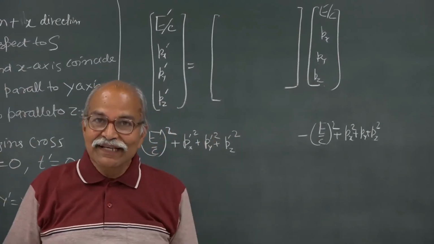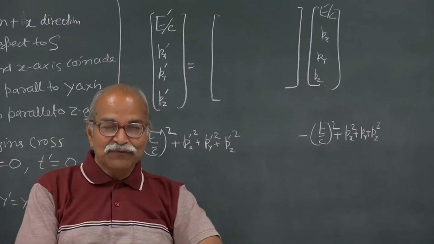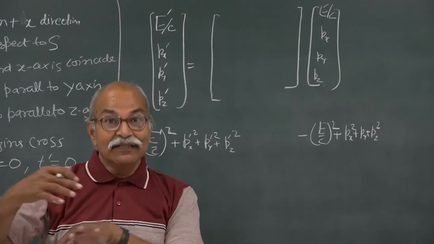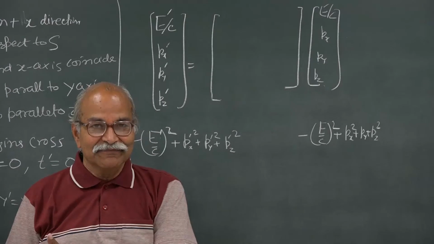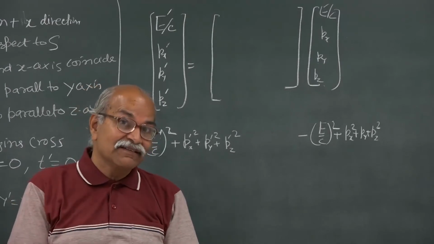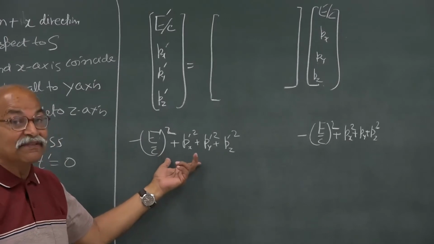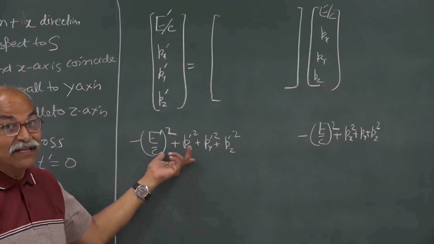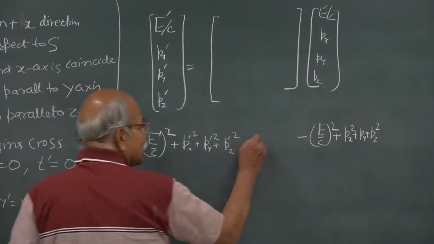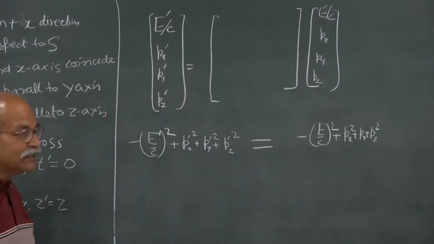Similarly, here, if I am changing from one inertial frame to another inertial frame in whatever fashion, that length of the vector will not change, and this represents the magnitude of the vector, square of it. So this will be equal to this. This I can still say.